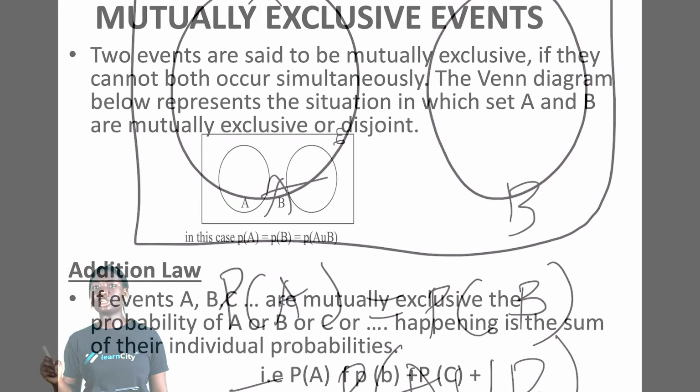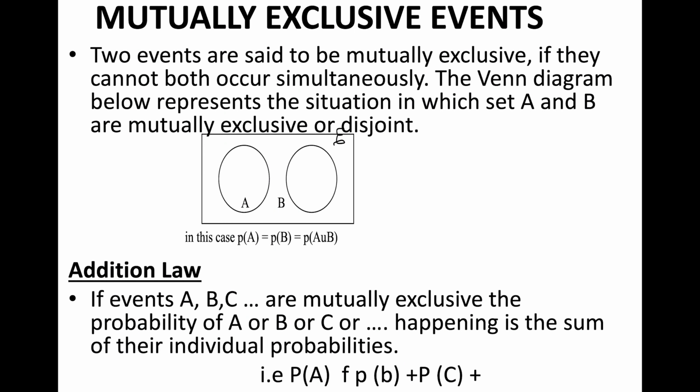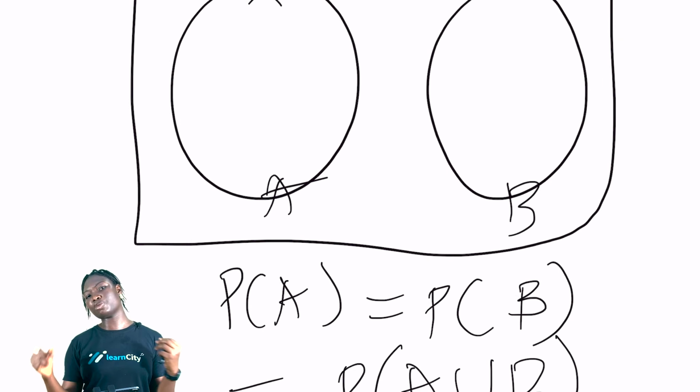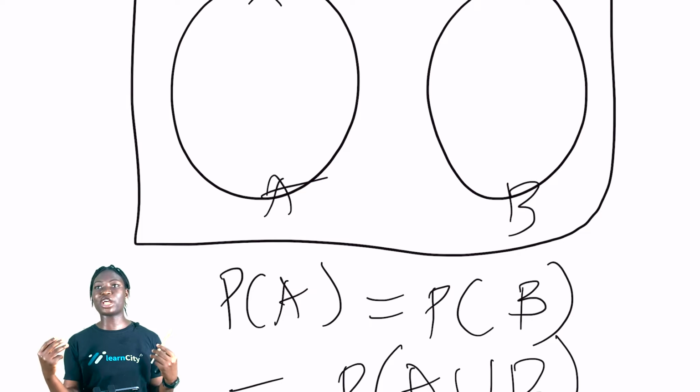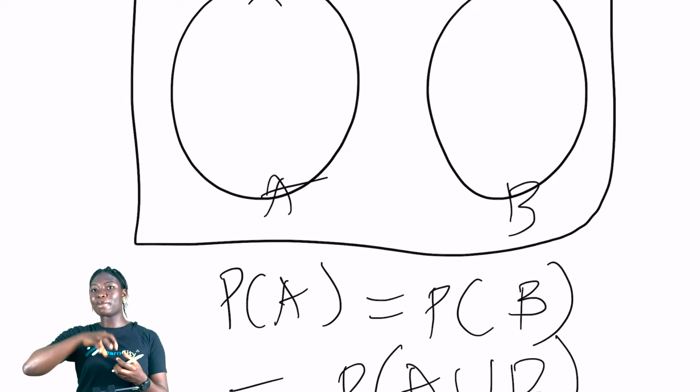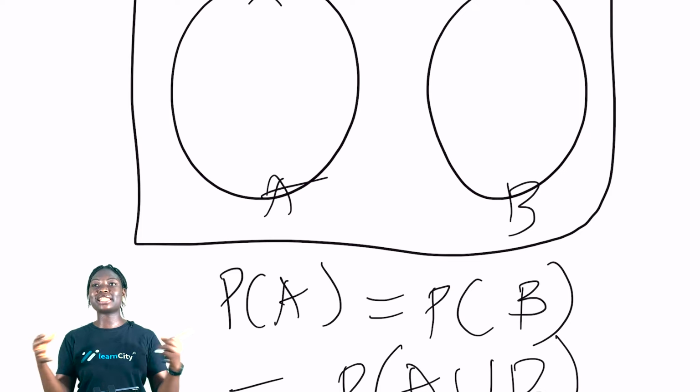Now, under the addition law, if events A, B, C are mutually exclusive, the probability of A or B or C happening is the sum of their individual probabilities. When we want the probability of mutually exclusive events, where we have three different events, each of the probabilities has to be added together.